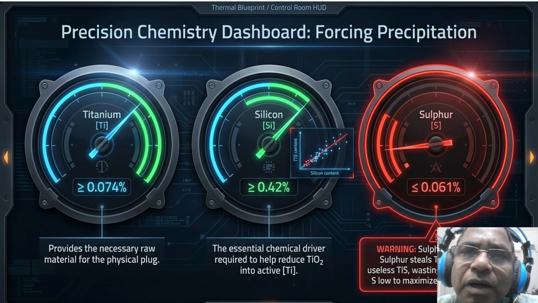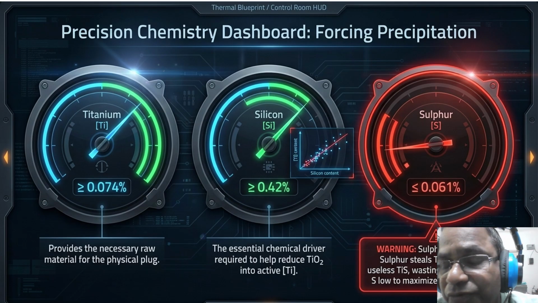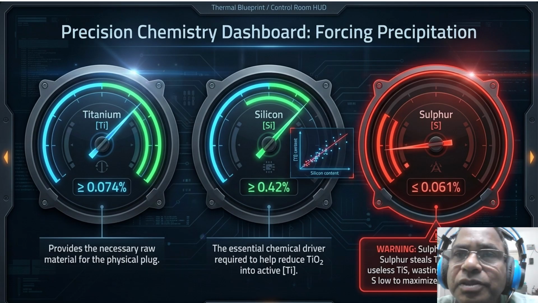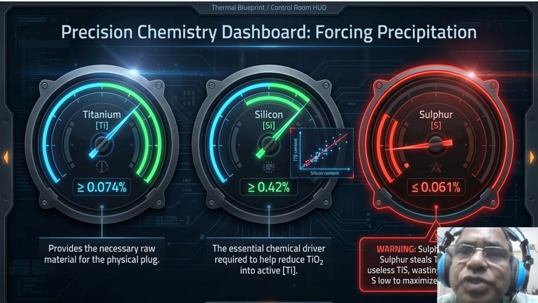But look at the red gauge on the right, sulfur. Sulfur is a thief. Sulfur is very dangerous as it takes away the Ti. We say that sulfur steals our titanium to form useless TiS, wasting our expensive payload.